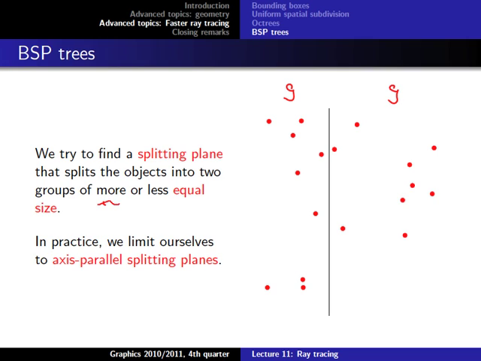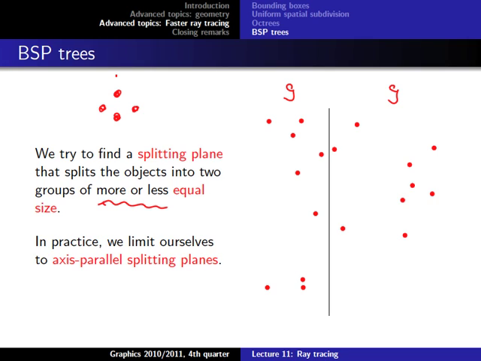More or less equal size, of course, because we can have an uneven number of objects, then one space has one object more. The calculation for the traversal and the intersection is much easier if we have lines that are parallel to the coordinate axes, which is why we only split horizontally and vertically.